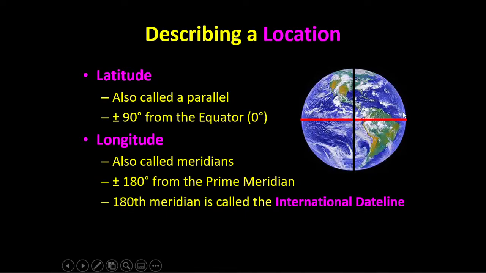We refer to numbers as being negative as you go from the prime meridian west, so the Americas would have a negative longitude value, whereas if you go east of the prime meridian, towards much of Europe, much of Asia, Australia, then you would have a positive longitude number.